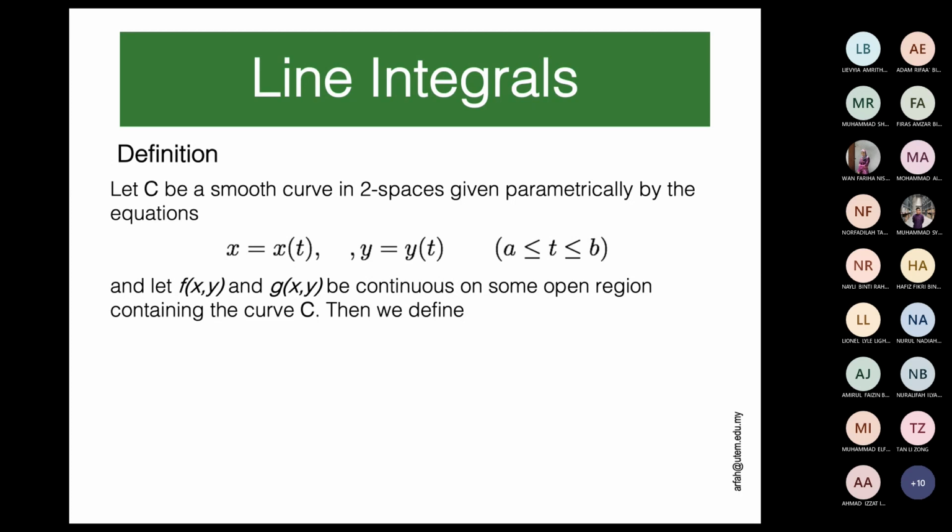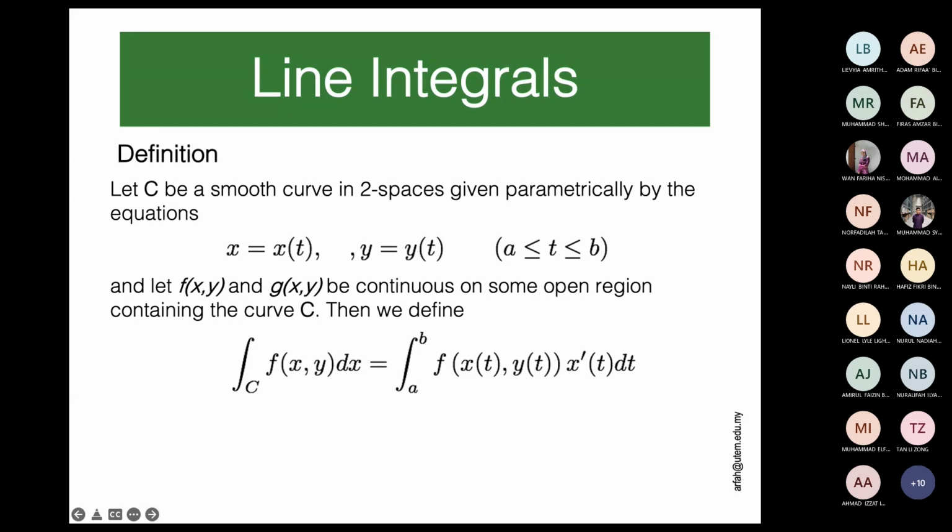So from here, we define the integration of the function f over the curve C with respect to x. It will be equal to the integration from a to b of f(x(t), y(t)) times x prime t.